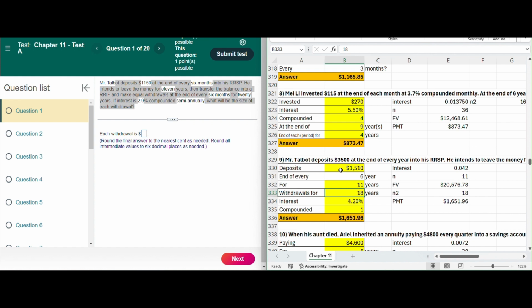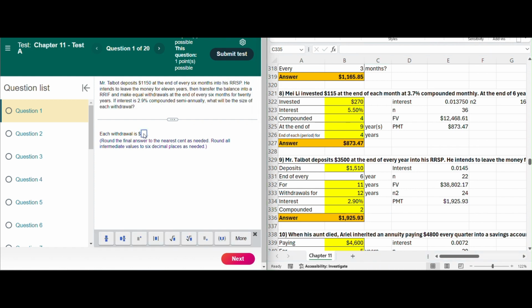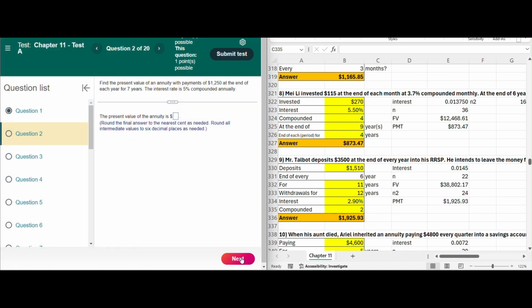So once we do that, we have just to change the values and put the answer as indicated in our Excel worksheet. Then you have to do this very carefully, very carefully.